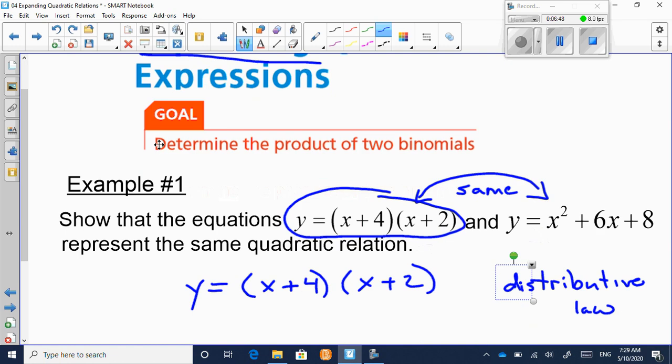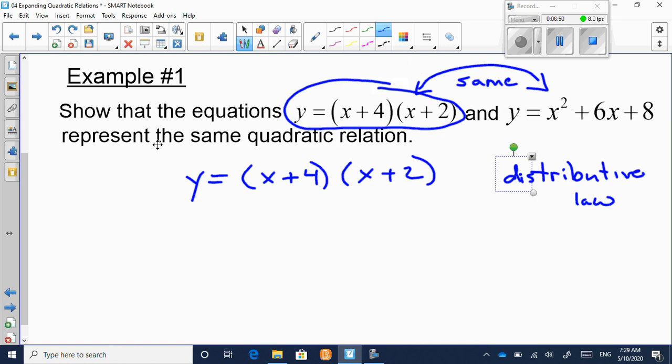So here we go. The only thing that's a little bit different when you have two brackets is that you have to do something called FOIL. What FOIL is: first, outer, inner, and last.